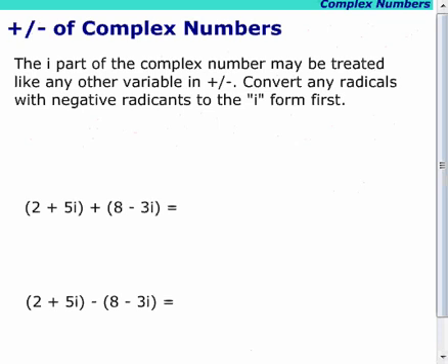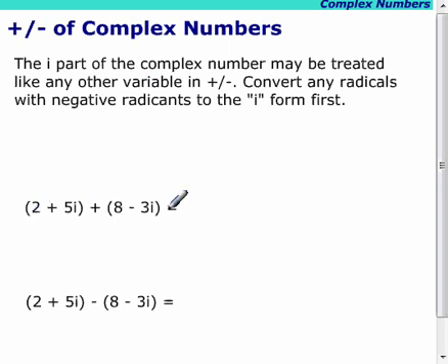So, adding and subtracting complex numbers. One important part to think about is that the i part of any complex number can be treated, if I'm adding and subtracting, or if I'm multiplying and dividing, just like a normal variable.